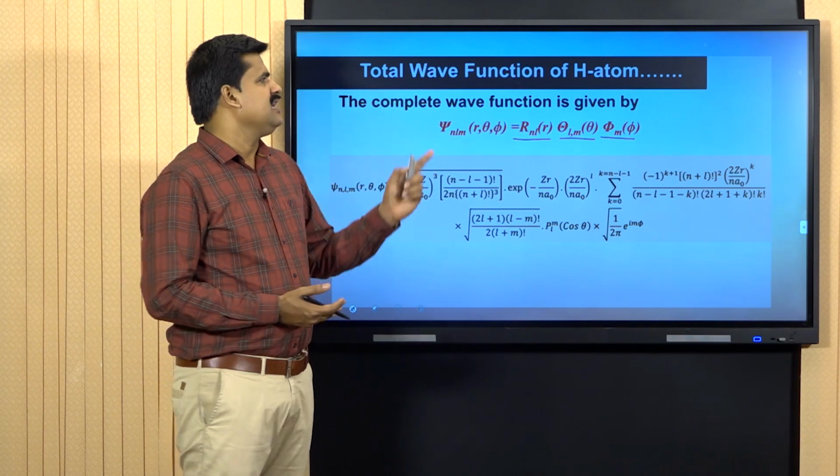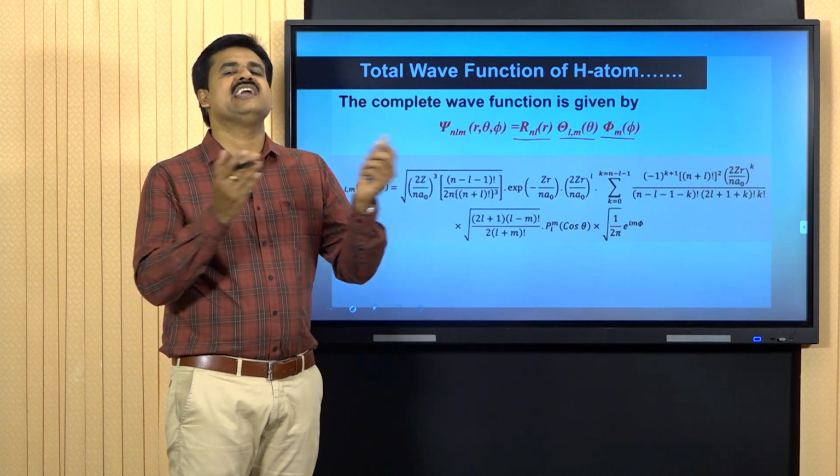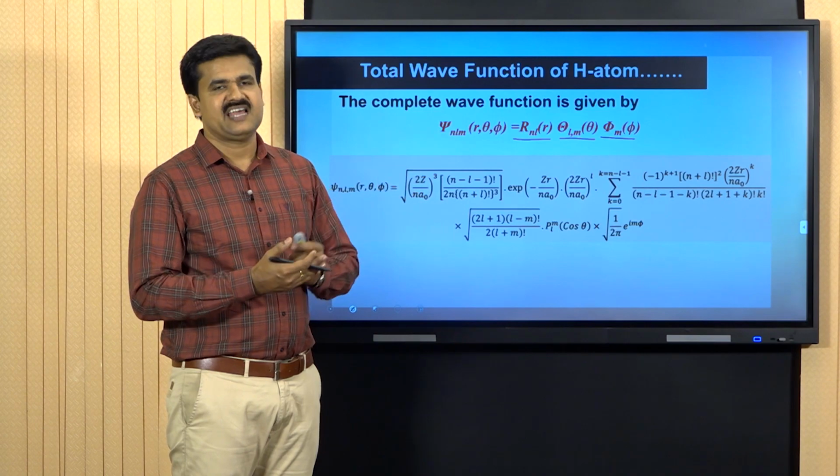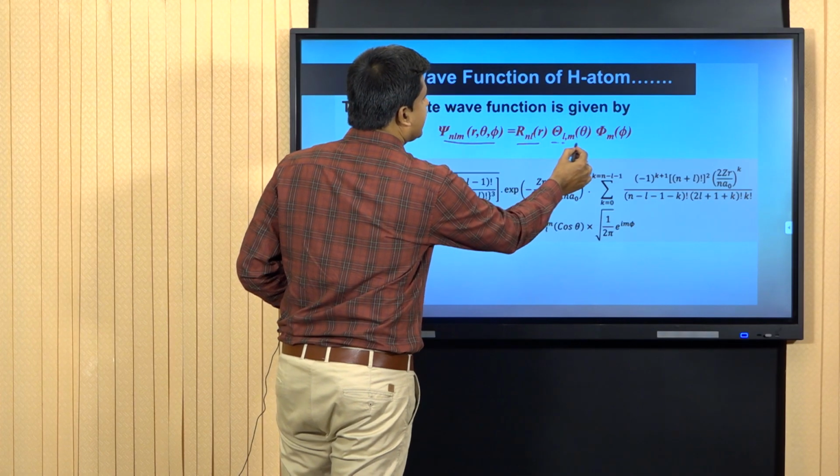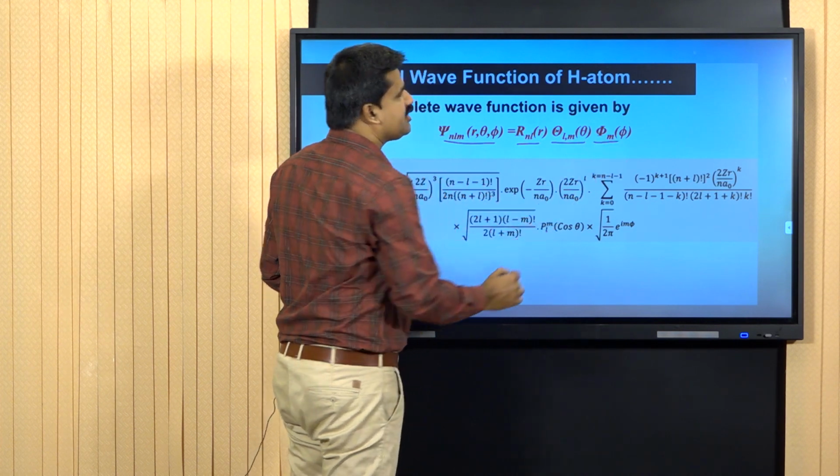Now, the complete wave function can be again split and represented like this. That is, psi n l m (r, theta, phi) equal to R n l (r) multiplied with Theta l m (theta) multiplied with Phi m (phi).